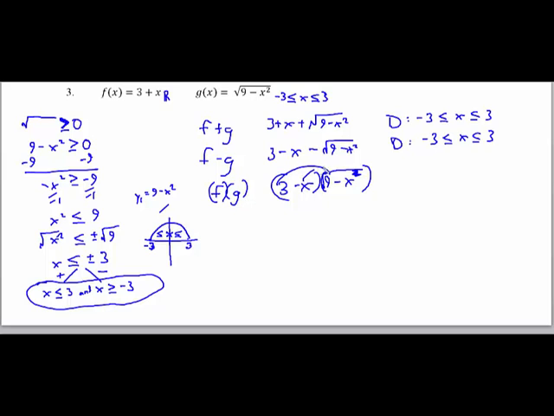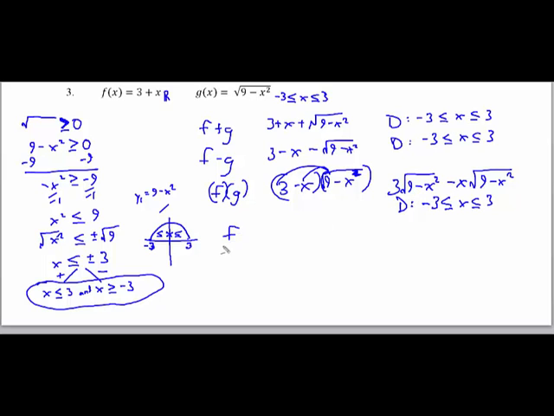You can do a little distribution here and have 3 square root of 9 minus x squared, and then minus x square root of 9 minus x squared. But you might have some professors who say that's just unnecessary. But that's one way you can expand it. The domain is still negative 3 is less than or equal to x, which is less than or equal to 3. So you've noticed now, for two problems, that adding, subtracting, and multiplying does not add new restrictions to the domain.